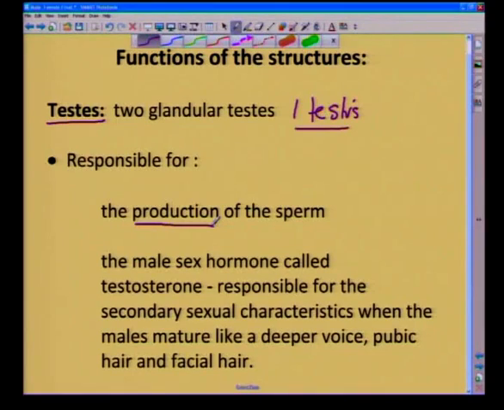You also have the male sex hormone, testosterone. And testosterone is responsible for the secondary male characteristics. That will be the deeper voice, the hairy body and pubic hair growing from everywhere, and facial hair. All of those are your secondary male characteristics. And it's because of testosterone that a male has these. That's why when women take testosterone as an anabolic steroid, they become more muscular, because a male is always more muscular than a female.